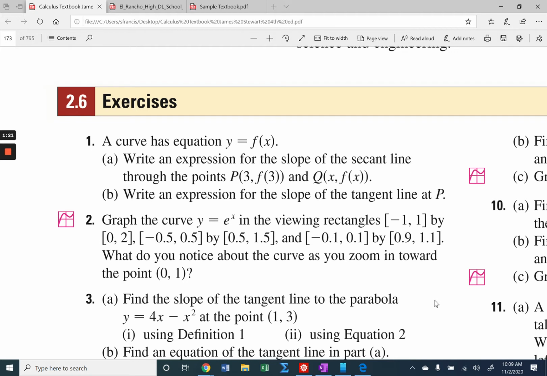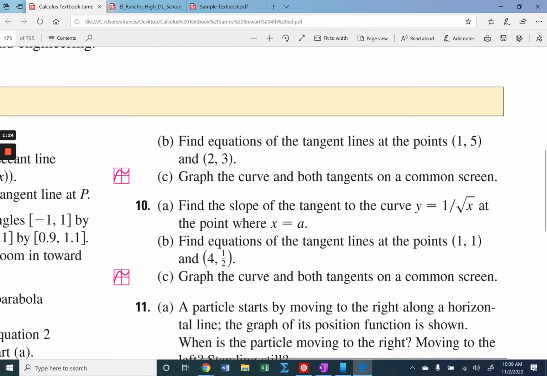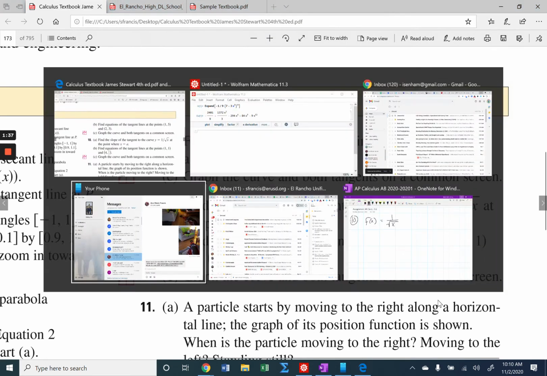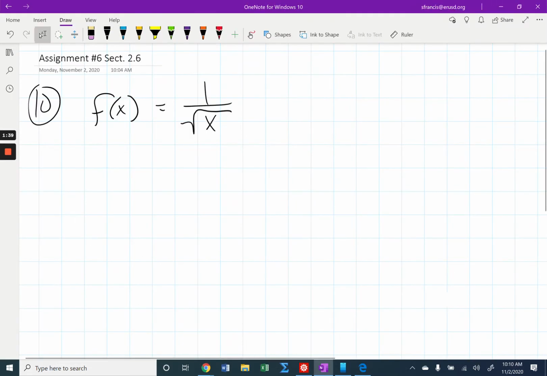The next question that we need to talk about is number 10. And number 10 says to find the slope of the tangent to the curve y equals 1 over root x at the point where x equals a. All right, so, oops, I need to get over to the screen right here.